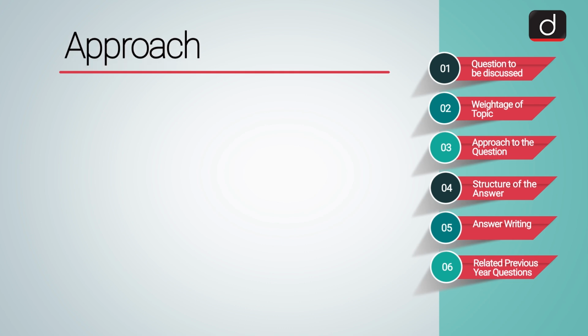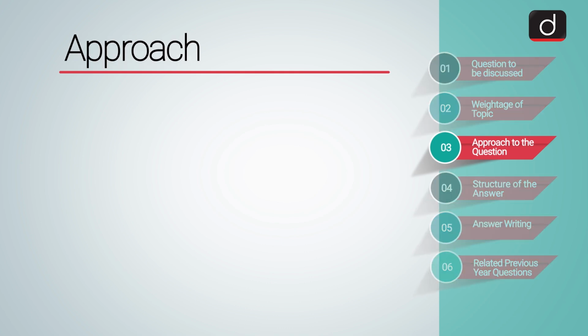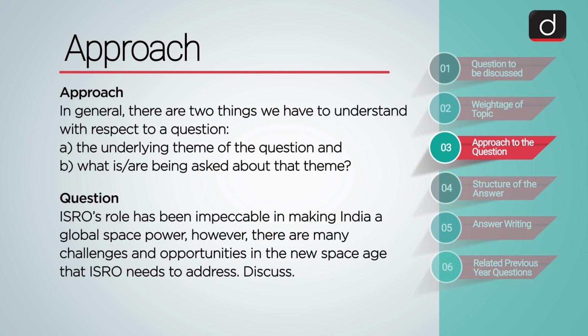Shifting towards how to approach the question. In general, there are two things we must understand with respect to a question: A, the underlying theme of the question, and B, what is or are being asked about that theme. Now, let us look at the question again. ISRO's role has been impeccable in making India a global space power.